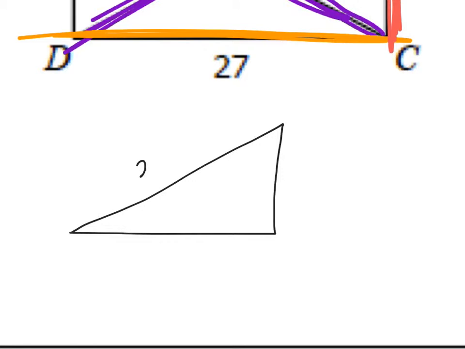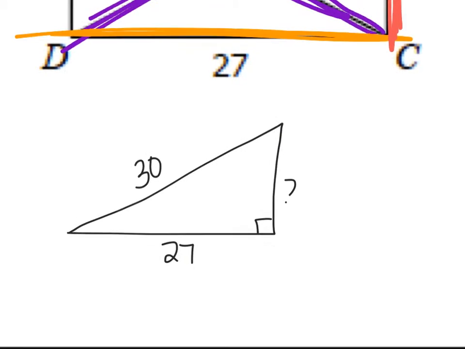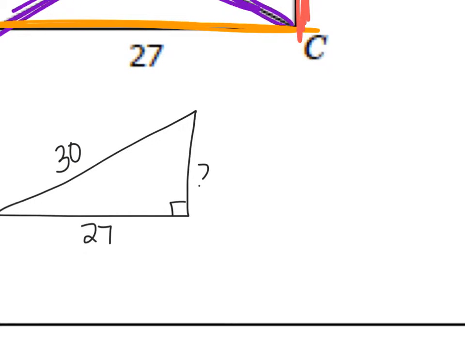Knowing that my hypotenuse is 30 and my base is 27, I don't know this missing side length, so the Pythagorean theorem tells me a squared plus b squared equals c squared.